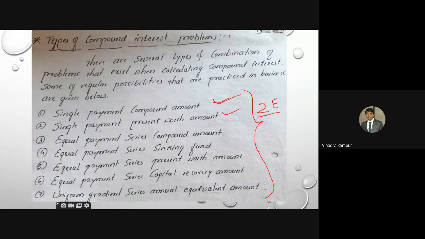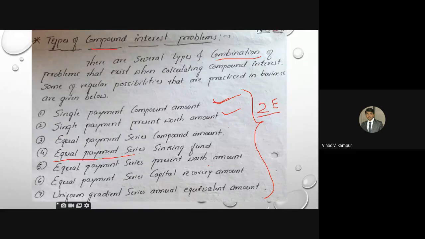Don't worry. Then equal payment series compound amount, equal payment series sinking fund, equal payment series present worth amount, equal payment series capital recovery amount, and finally uniform gradient series annual equivalent amount. These are the 7 types or combinations of interest.